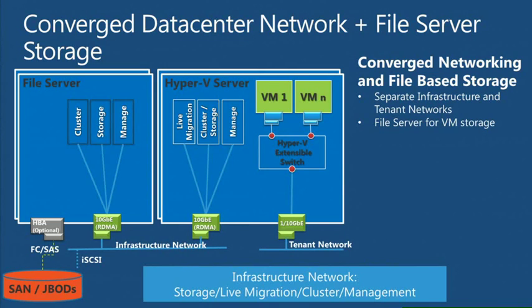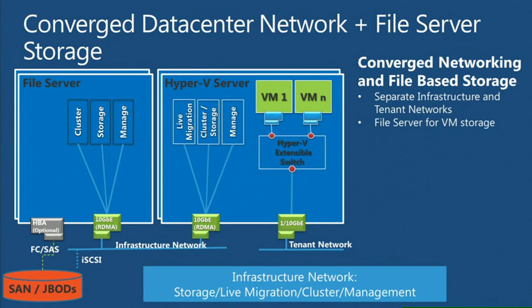Then we have a separate compute cluster where we have a single NIC, a single 10 gig NIC that hosts the infrastructure traffic. And then we have a second NIC, 10 gig NIC or 1 gig NIC. The reason why we say 1 or 10, we refer to this traffic to the tenants as north-south traffic versus the traffic on the infrastructure network that we refer to as east-west traffic.